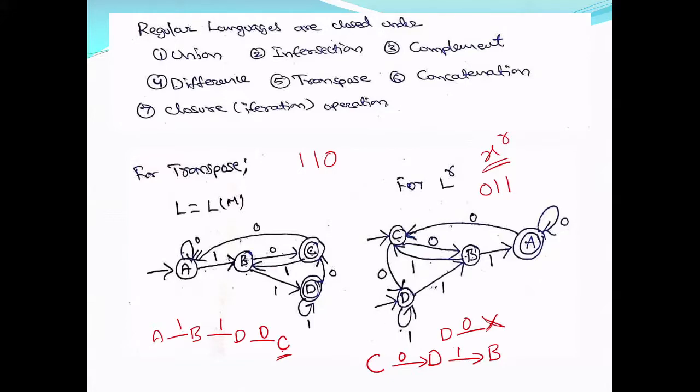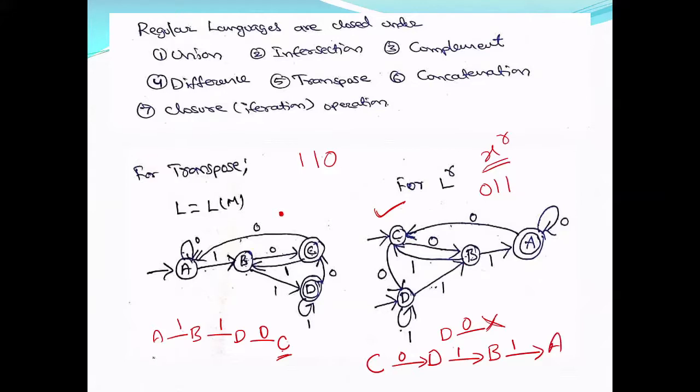But I'm going D to B. At least one path should lead me to the final state because it is an NFA. So B. You observe, even though this was a DFA, this will become an NFA because of more than one transition, right? Now B on 1, next input symbol is 1. So B on 1 is going to A.